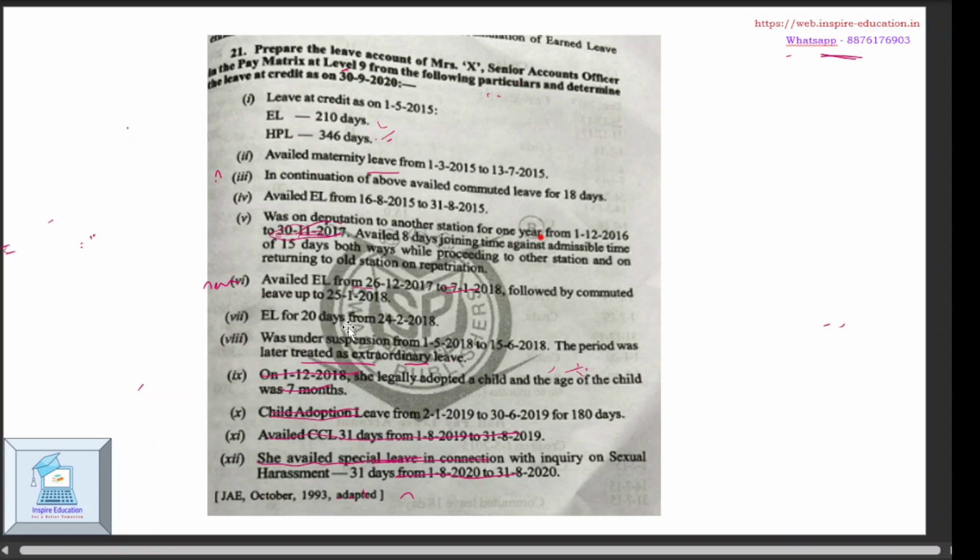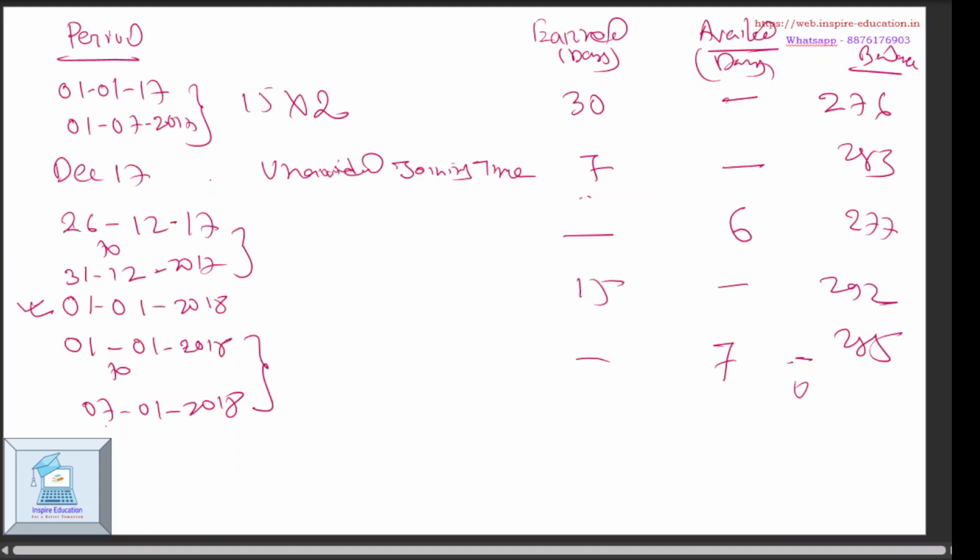Then EL for 20 days on 24 to 14/3/18. Okay. So we'll write 24/2/2018 to 14/3/2018.